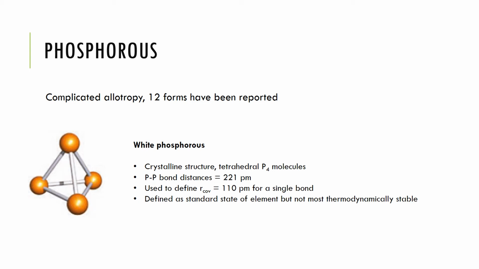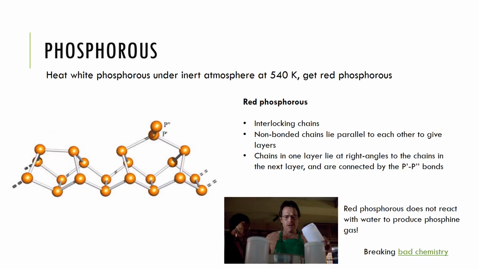And we define white phosphorus as the standard state of the element, but interestingly, it's not the most thermodynamically stable form of phosphorus. If you were to heat white phosphorus under an inert atmosphere, so a nitrogen or a helium atmosphere at high temperatures, around 540 Kelvin, then you get another form of phosphorus, red phosphorus.